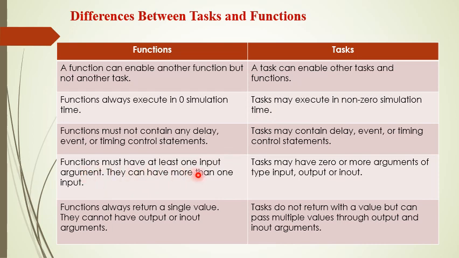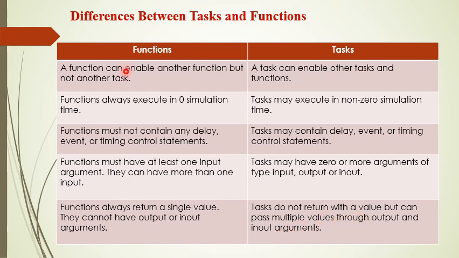Functions must have at least one input argument. They can have more than one, but at least one input argument is a must. Whereas tasks may have zero or more arguments of any type, that is input, output or in-out. Functions always return a single value. They cannot have output or in-out arguments. Whereas tasks do not return a value but can pass multiple values through output and in-out arguments.